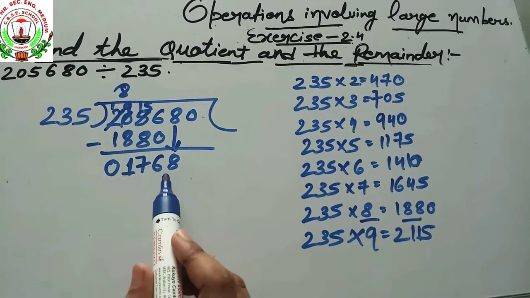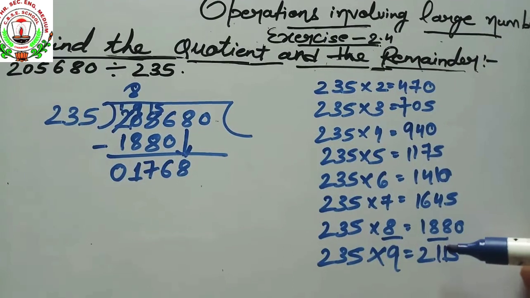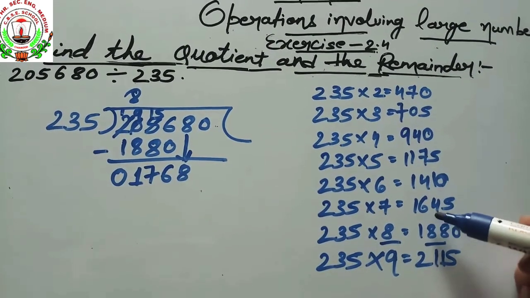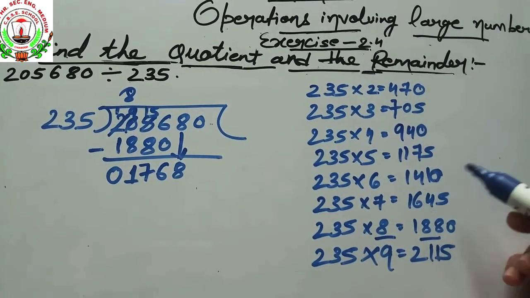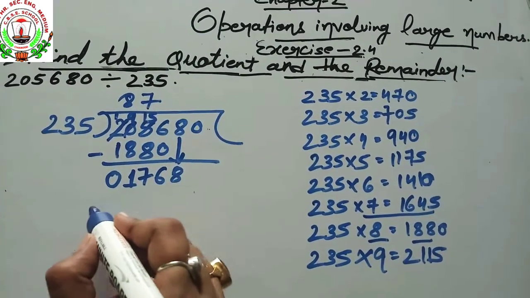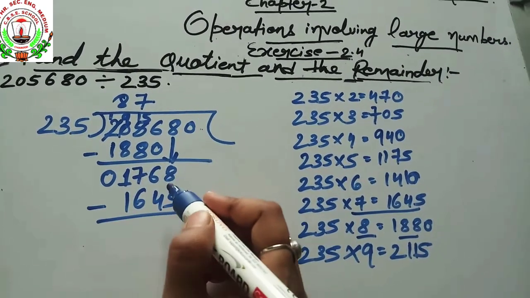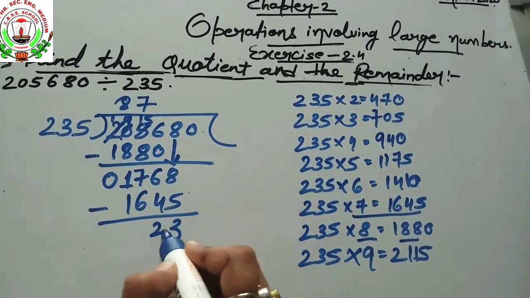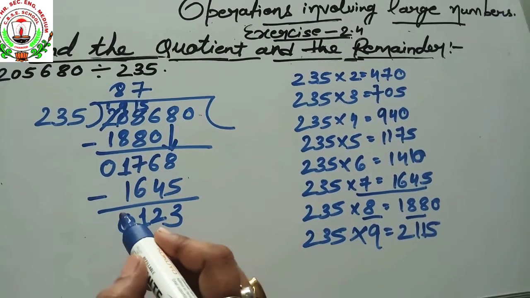Now 1768. We can't find 1768 over here. So what is the next step for us? To see which number is less than 1768. We can see easily that it will come 7 times, 1645. So 8 minus 5 is 3. 6 minus 4 is 2, 7 minus 6 is 1, and 1 minus 1 is 0.